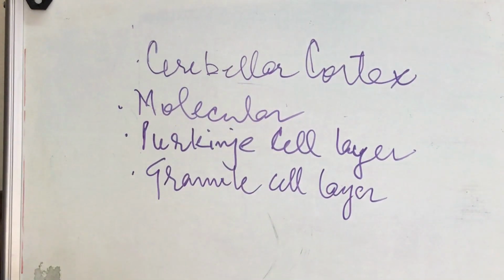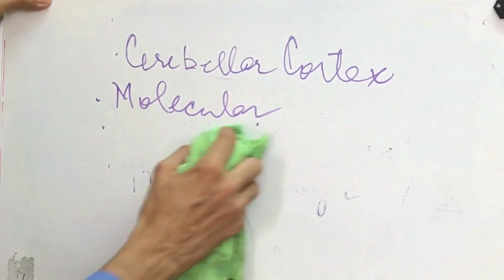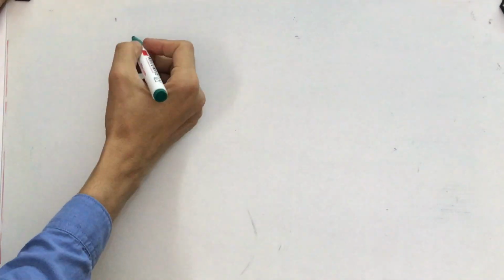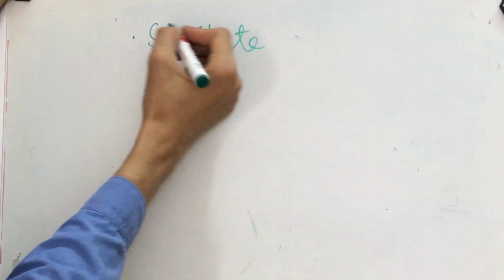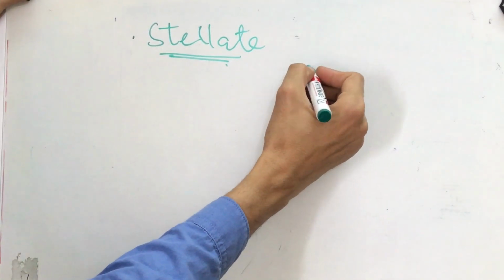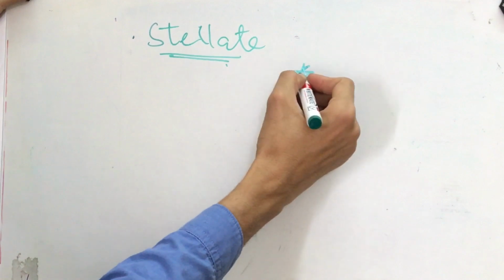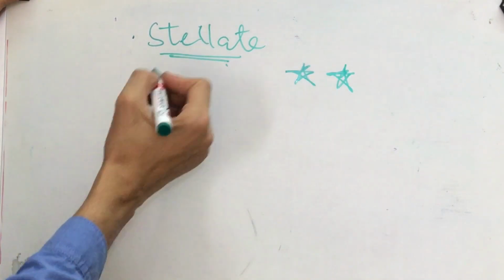It has two types of cells, named basket and stellate. Basket cell and stellate cell. So in the molecular layer there are stellate cells. Stellate means star shape, so these star shaped cells are there.